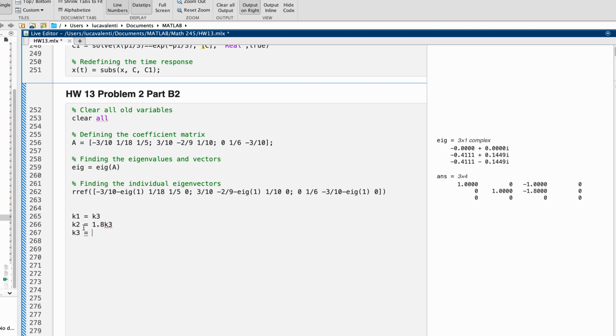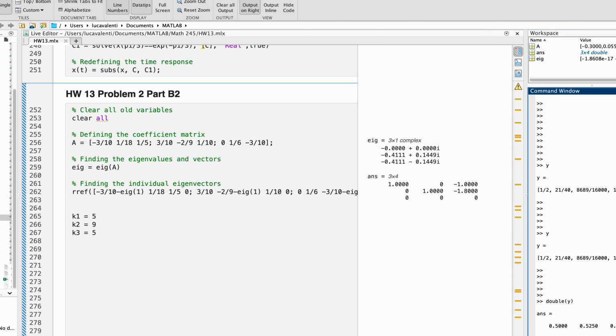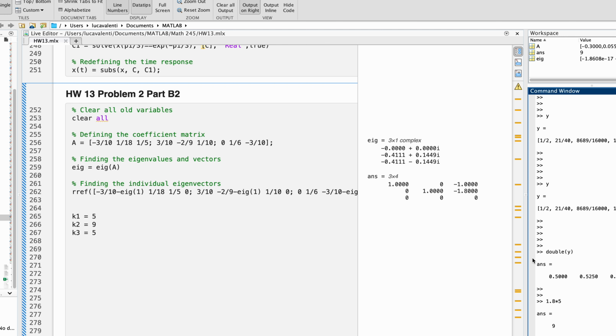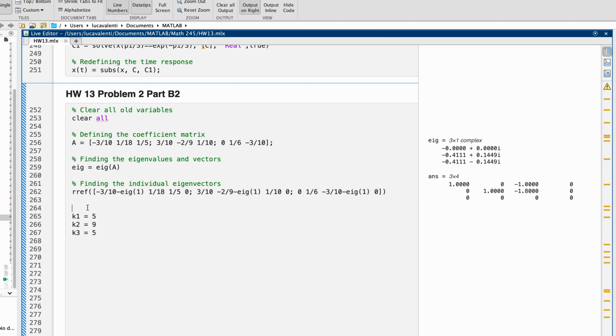So let's say that K3 is 5. So if K3 is 5, this is going to be 9, and this is going to be 5. And here I can check 1.8 times 5, and I get that the answer is indeed 9. So assuming that I did this correctly, this would be our first vector.